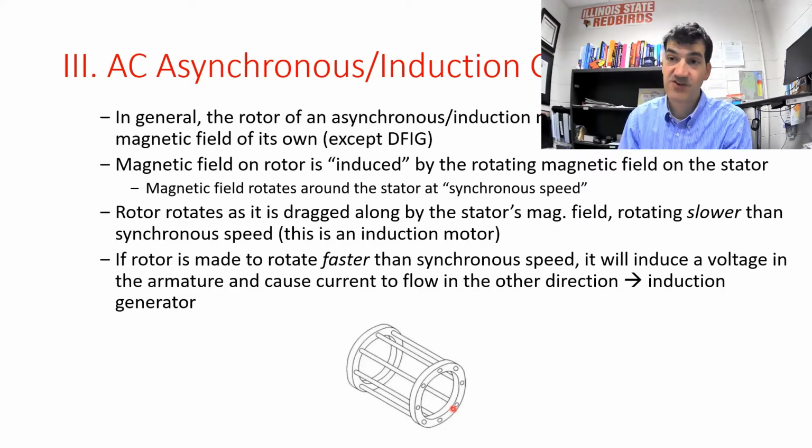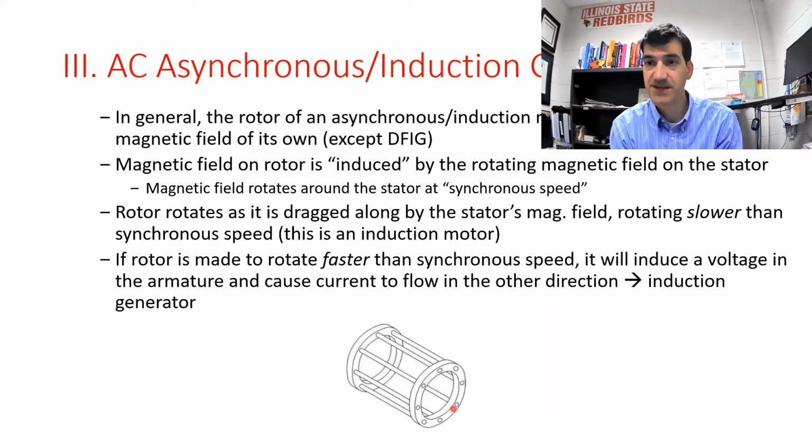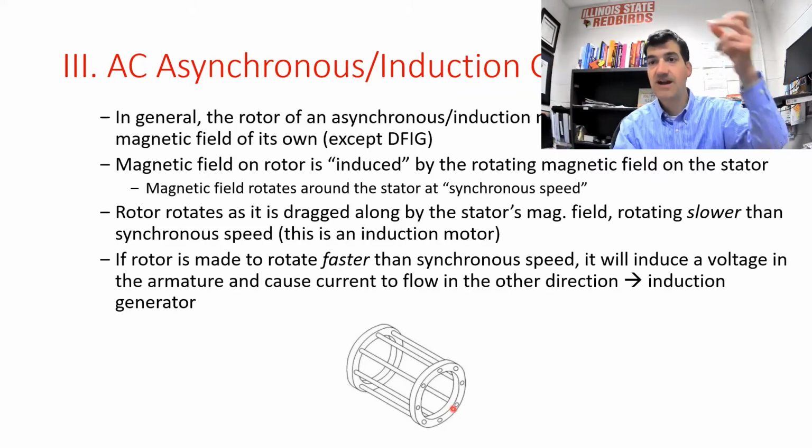So we can actually drive that rotor at a slightly variable speed. It can actually be rotating anywhere from the rotation rate of the magnetic field on the stator up to a little bit faster. It can actually rotate faster than the synchronous speed, that is the magnetic field rotating around the stator.